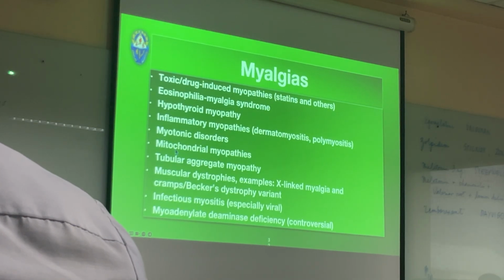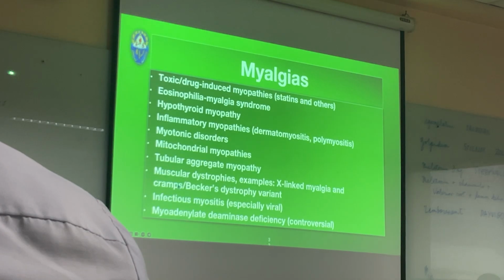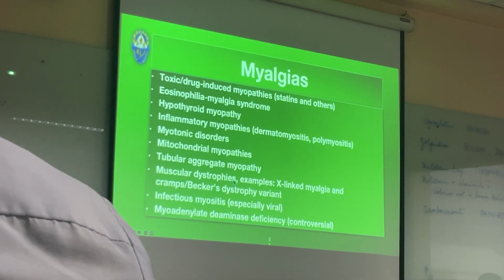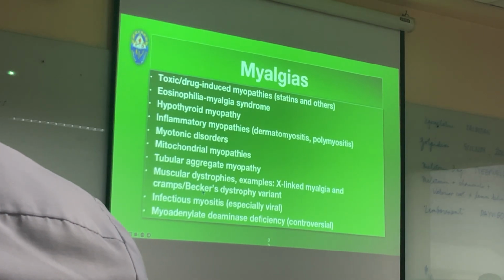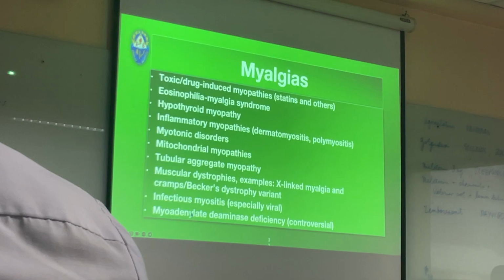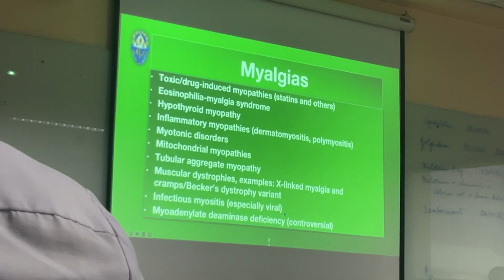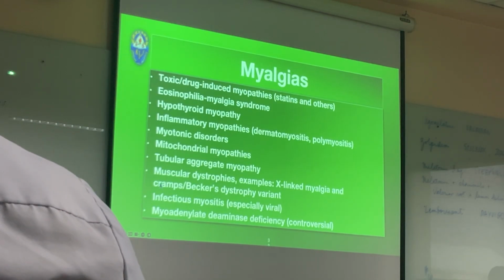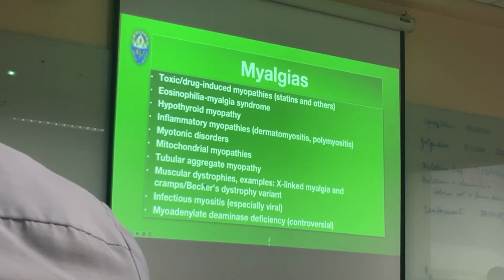You would rarely see myalgias in the chronic dystrophies unless the degeneration is actively going on. But since the dystrophies are chronic diseases, they're not likely to produce myalgias. They will only produce myalgia during acute exacerbations. Clear? Okay.